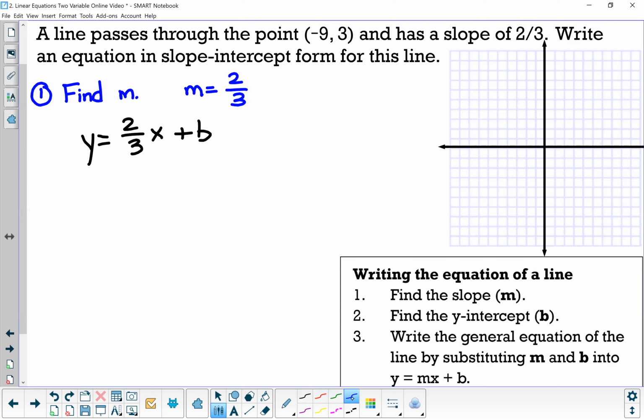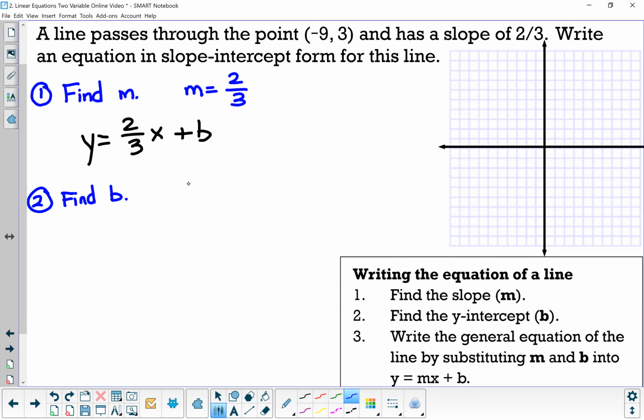All right, secondly, find your b value. Now we could graph this and try to figure out the y-intercept, or we can algebraically calculate it using the point negative 9 comma 3.